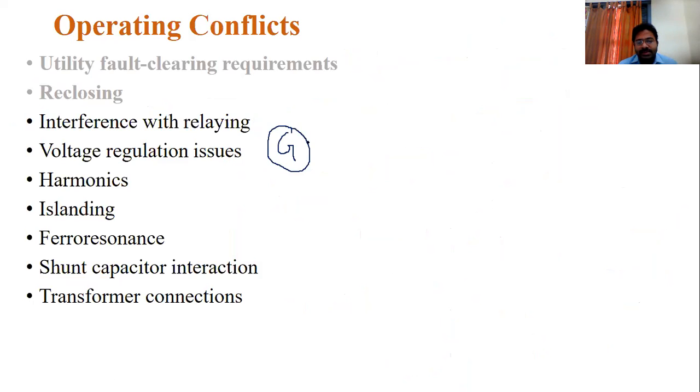At the same time, you have the transmission. This we can call some transformer or bus or whatever it may be, some transmission. See these transmission lines. Then we have the distribution lines.